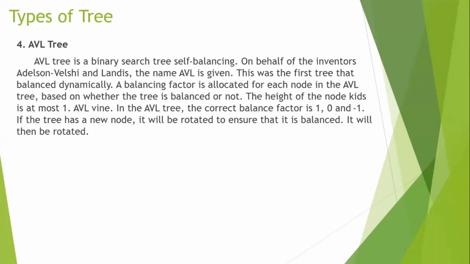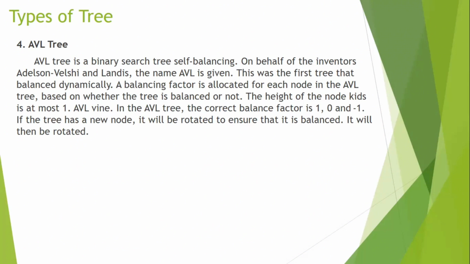The fourth one is the AVL tree. An AVL tree is a self-balancing binary search tree. The name AVL is given on behalf of the inventors Adelson-Velsky and Landis. So AVL stands for Adelson-Velsky and Landis. It was the first tree that balanced dynamically.